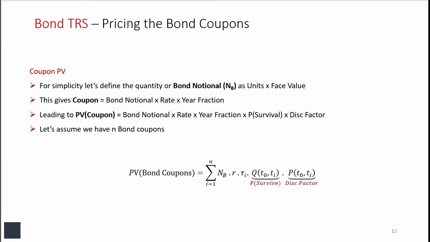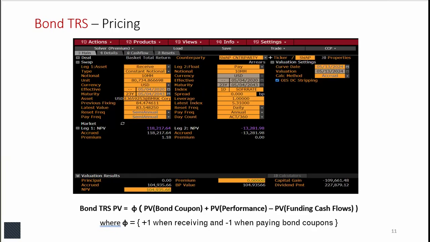Right. So, pricing the bond coupons. We need to bear in mind something important: when we're pricing these different components, we need to pay attention to the notional. When we're pricing the bond leg, we typically want to work in bond units. So there's 80,734.